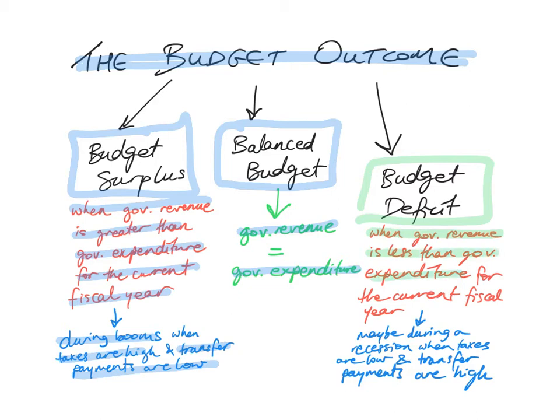The government is spending more than it has in revenue for the current fiscal year. This might happen during a recession when taxes are generally low and transfer payments are generally high. Lots of people are losing their jobs, and so there are a lot of unemployment benefits. Ideally, the government wants to maintain a balanced budget, but there could also be a budget surplus when revenue exceeds expenditure, or a budget deficit when expenditure exceeds revenue.